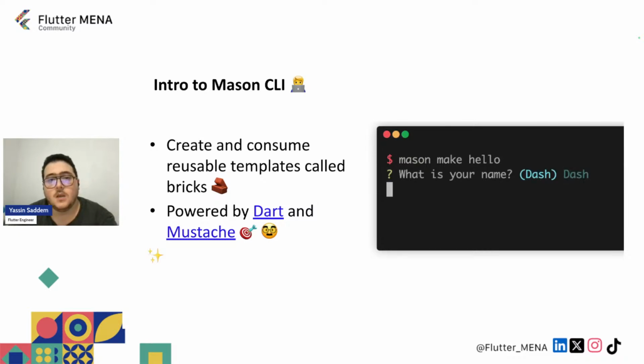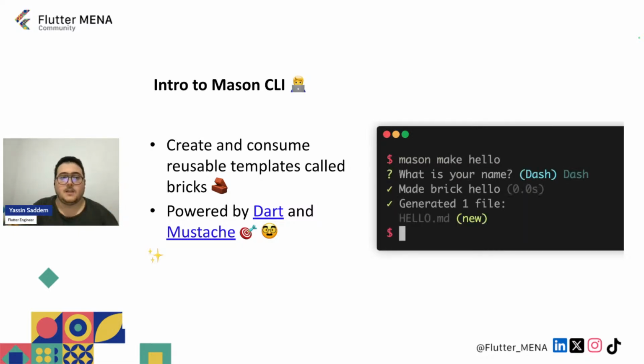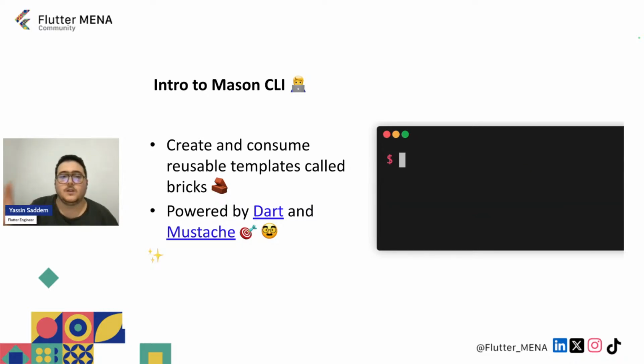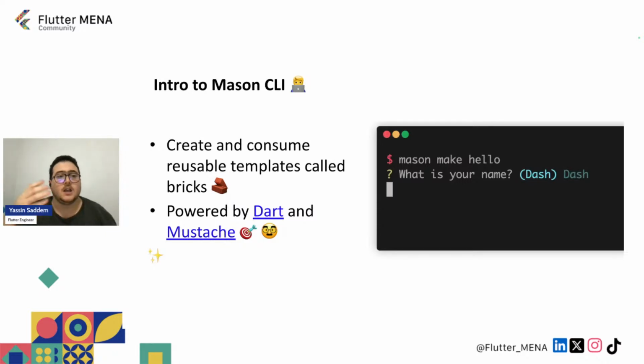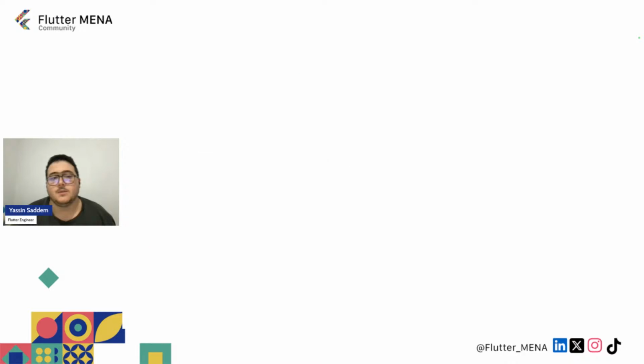When we say Mason bricks, or brick, it's like bricks for buildings, but this time it's for code, to build your software. It's something that generates code for you based on some variables. So I will give a concrete example.